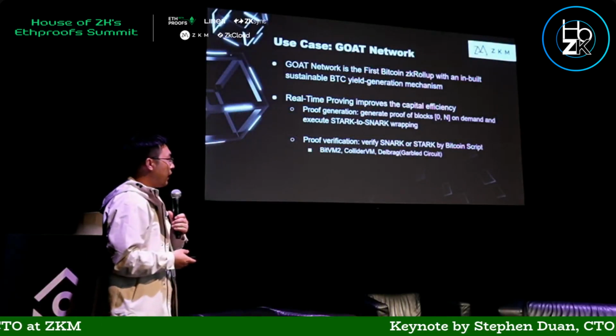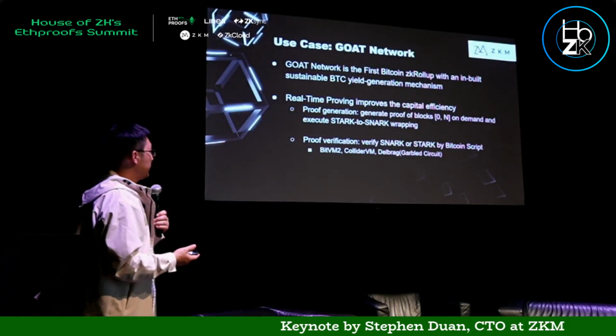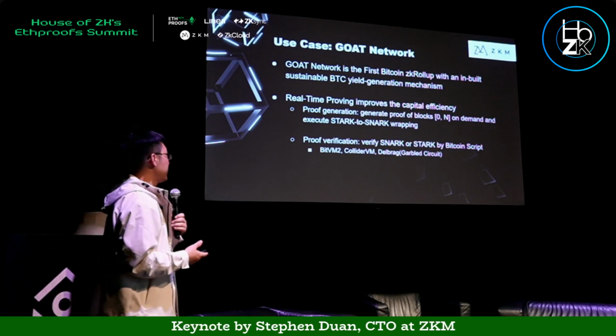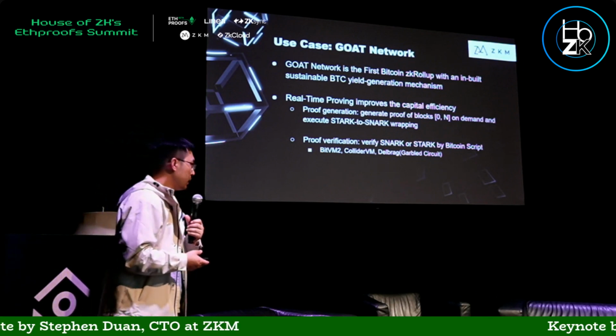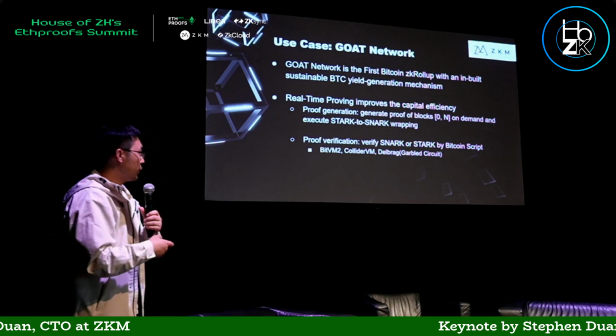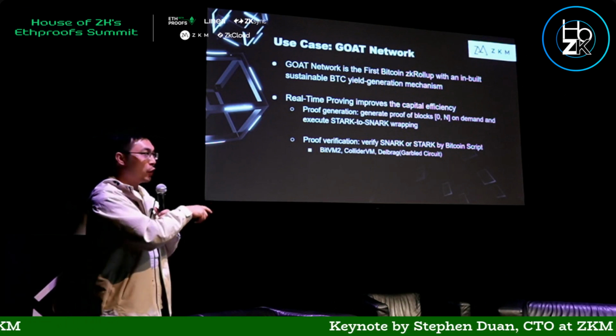Okay, I have one use case here. It's about GOAT Network. GOAT Network is a Bitcoin layer 2. It's the first Bitcoin ZK rollup with an embedded sustainable BTC yield mechanism, and we need to verify the proof on Bitcoin.